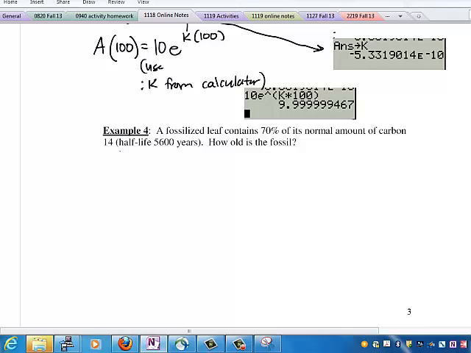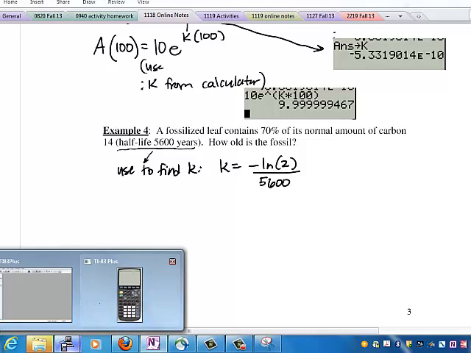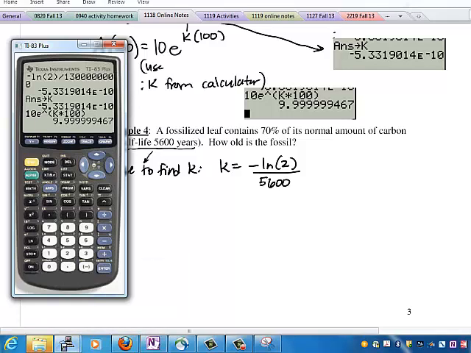Again, we start by using the half-life, 5,600, to find k. k would be the opposite of the natural log of 2 over the half-life, which is 5,600. We can store that in our calculator. Store that as k.